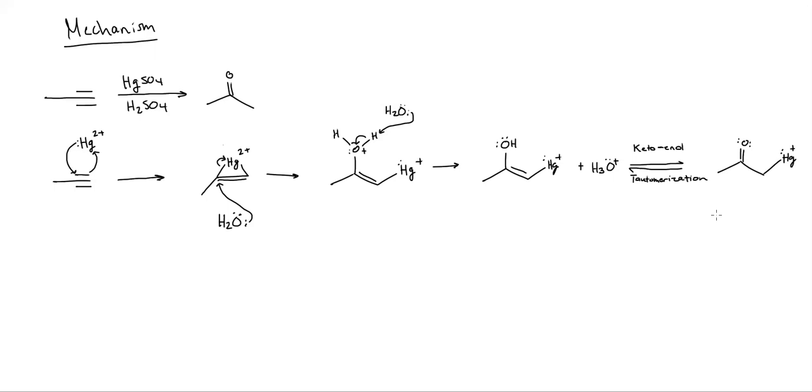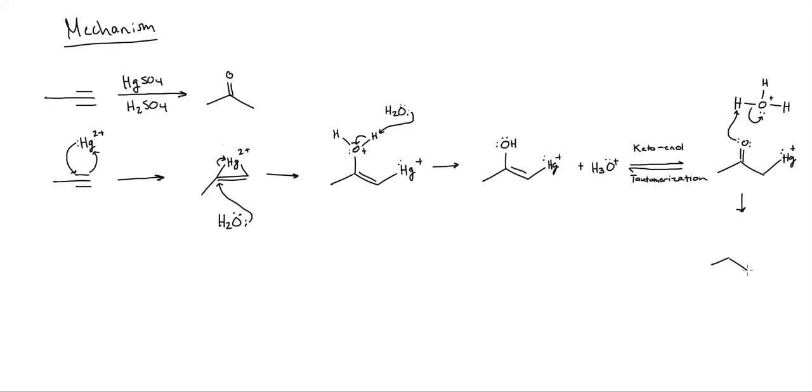Okay. So now what happens is I have acid in solution, right? Because I have H2SO4 in solution. So I have some H3O plus in here. And what's going to happen is the H3O plus is going to protonate the oxygen on my carbonyl group.